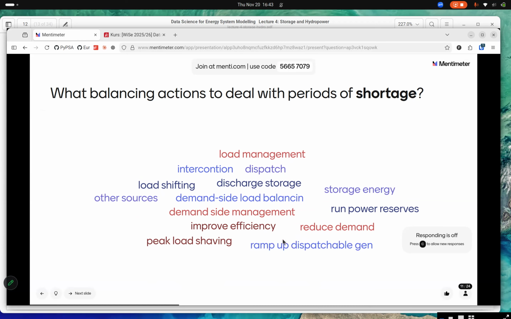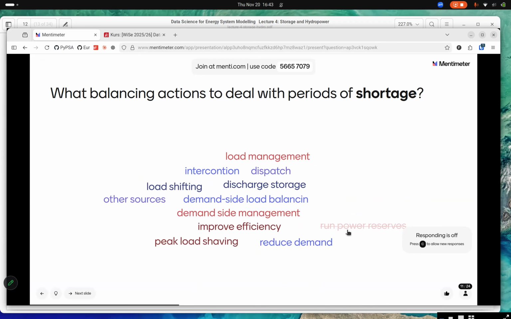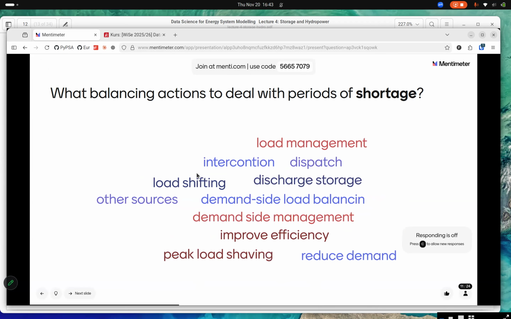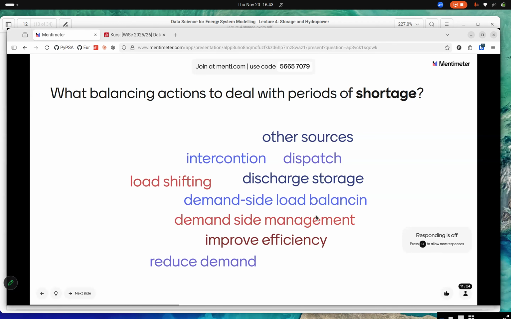So if we're not fully decarbonized yet, we could, for example, run a gas power plant here, or some renewable fuel in the future. That's a good point. Storage, we have power reserves, I guess, is power plants. Load shaving, yes. Load management, interconnection relates to imports.